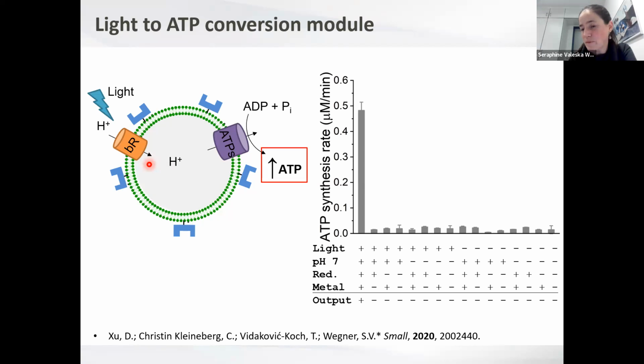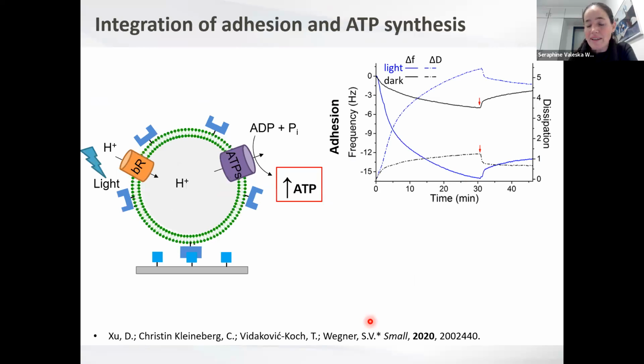And it requires the presence of metal ions as these proteins also have metal ion cofactors. So you can see that it has the same requirements as our adhesion module. And so we then combined the two to see if we can get a synthetic cell that knows where to adhere so that it can produce its ATP.